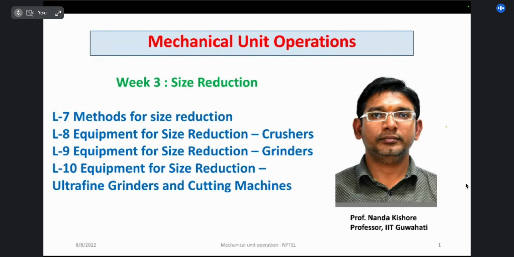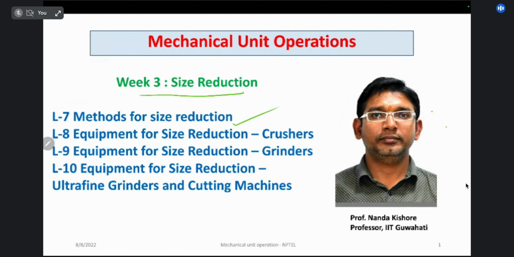So again, please watch all the lectures from the professor, and it will be very helpful for you to understand every minute detail which we can't cover in 1 hour, but we are here for solving your queries. In this third size reduction week, we'll start from the methods for size reduction.